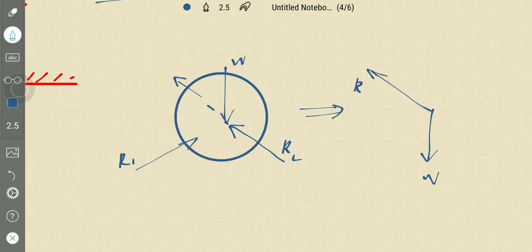This is R2, and I transfer this to here. This is R1.